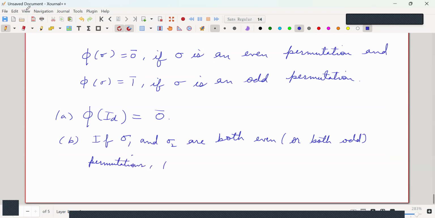Then what will happen? Then sigma 1 sigma 2 is an even permutation, right?